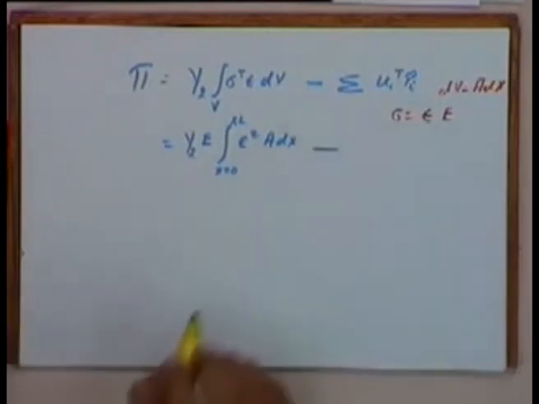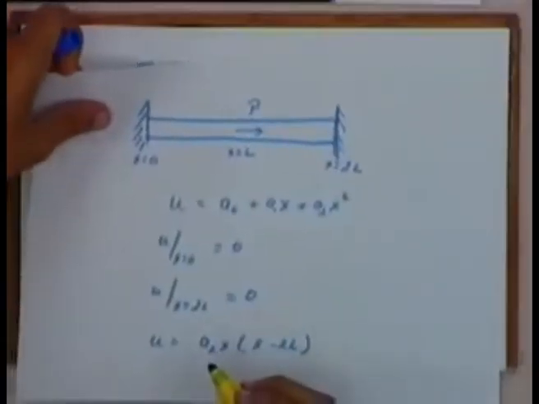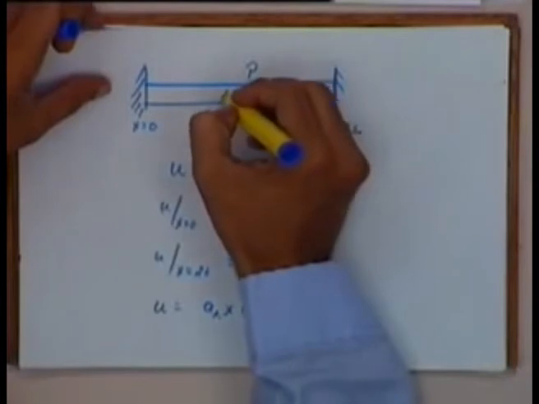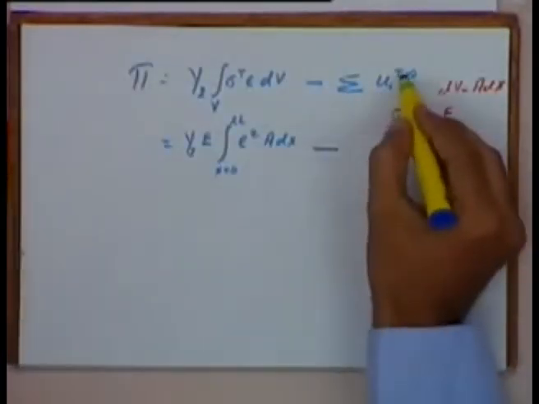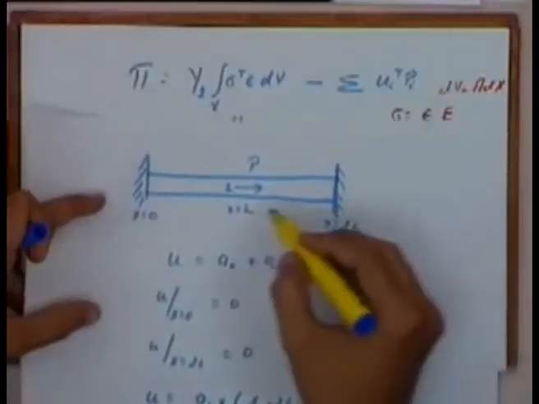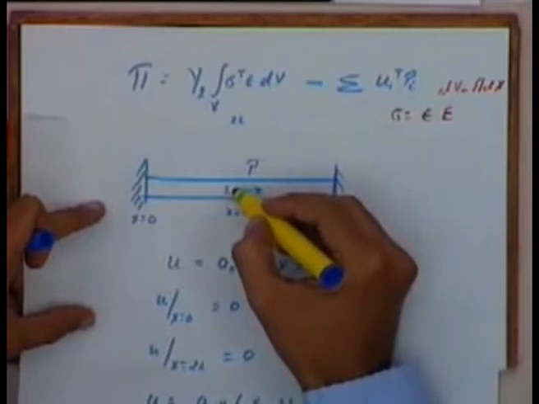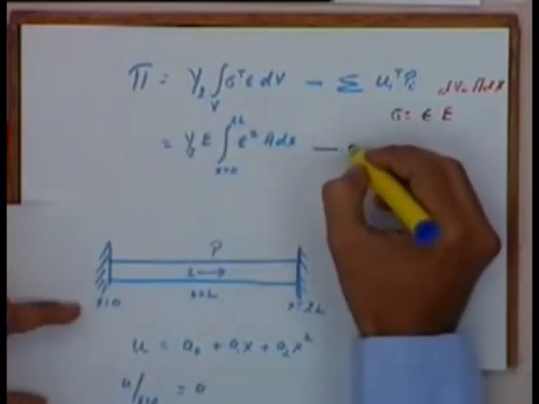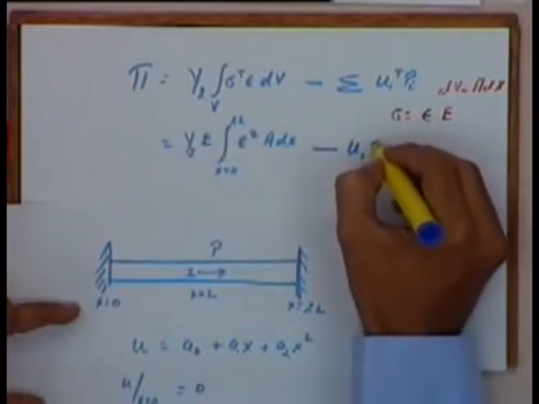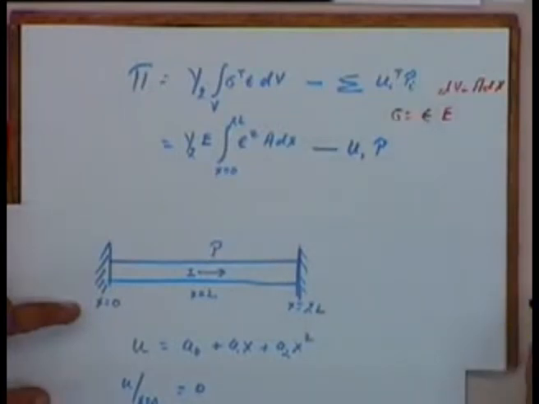Minus, let us call this point number 1. u1, that means the deformation at this point, multiplied by the load at this point. So minus u1 into P. Is that okay?